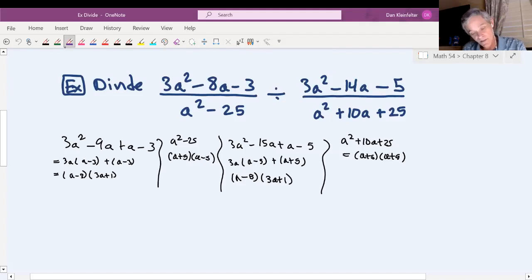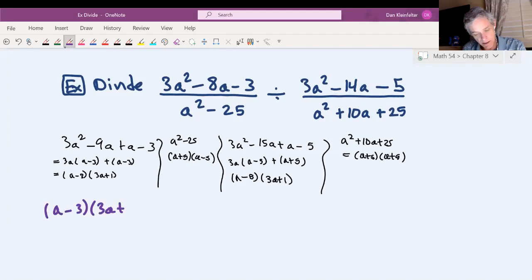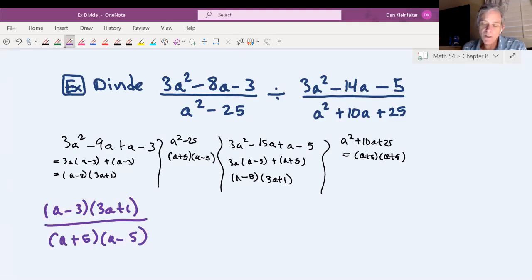So the upper left factored as a minus 3, 3a plus 1. The lower left was a plus 5, a minus 5. And then here, because you've got a little more experience, I'm going to go ahead and turn this into a multiplication right now. Since I've done that, the a plus 5 is going to end up on the top, right?